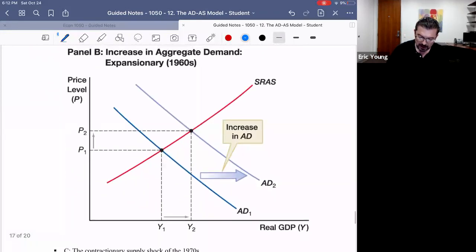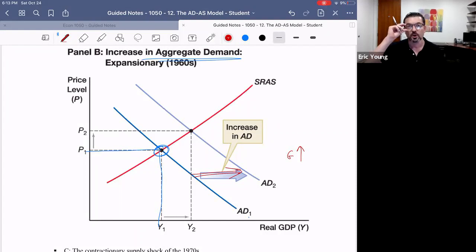And you can see here, this was a big increase in AD. We started off right here, AD1 and SRAS. And predictably, let's go to red, this massive increase. And by the way, most of this increase in AD was tied to big increases in G, because the war effort and the Great Society efforts required the government to spend a lot of money.